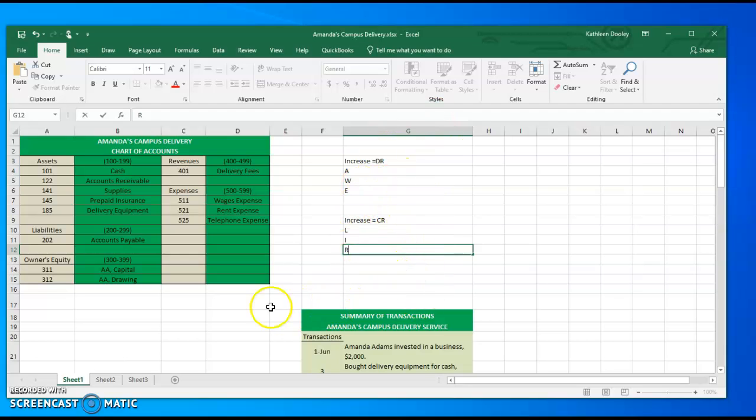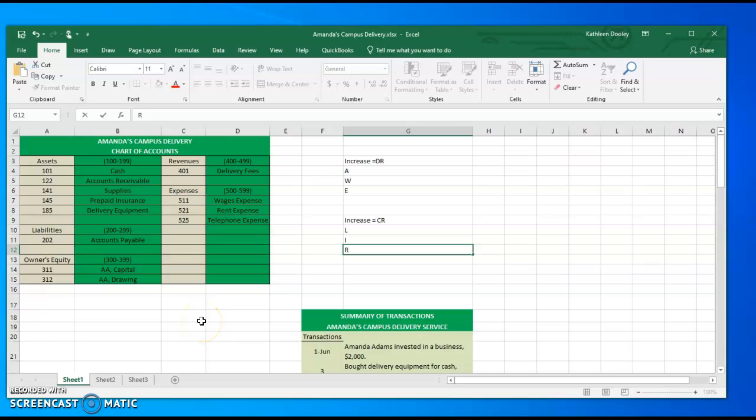Other things on here are Amanda's Campus Delivery chart of accounts and her transactions. So we're going to be going through those. Recognize that in the chart of accounts, all the assets start with a 1, the liabilities start with a 2, owner's equity starts with a 3, revenues with a 4, and expenses with a 5. All charts of accounts are always in that order.